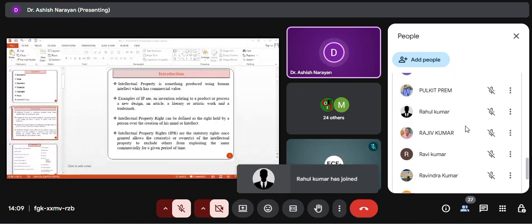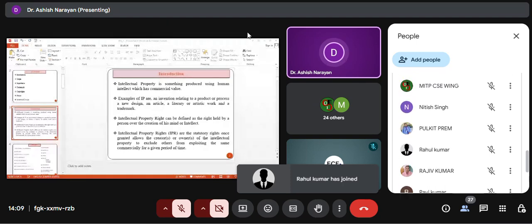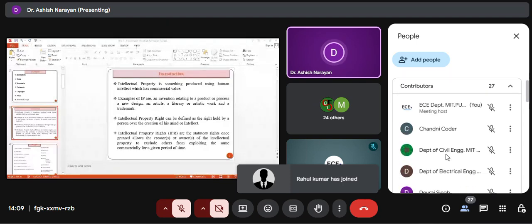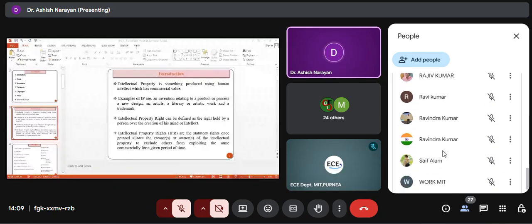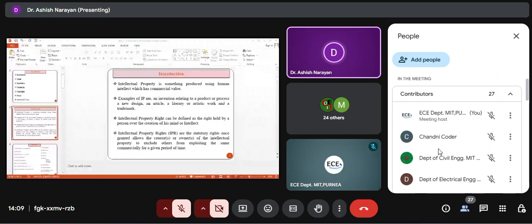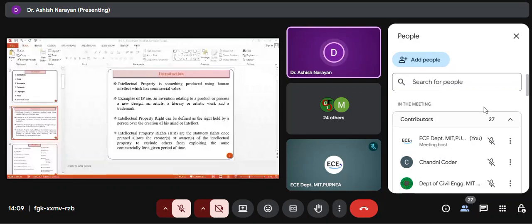In copyright, you copyright literature, novels, poems, plays, films, music, artwork, drawings, photographs, and programming scripts, like if you have to develop some code in CFD or any NC or any commercial Python code.